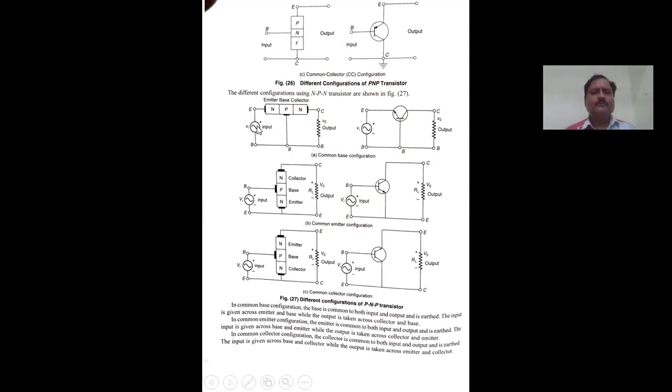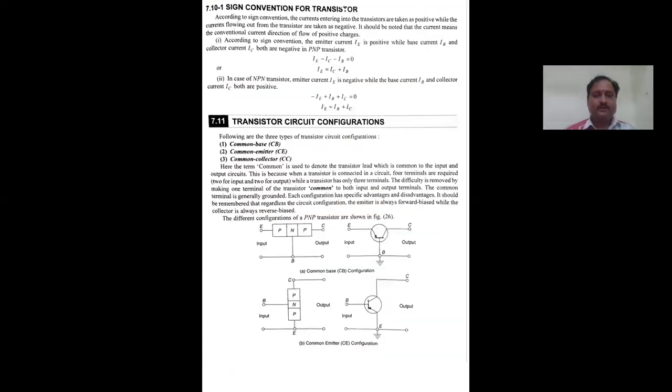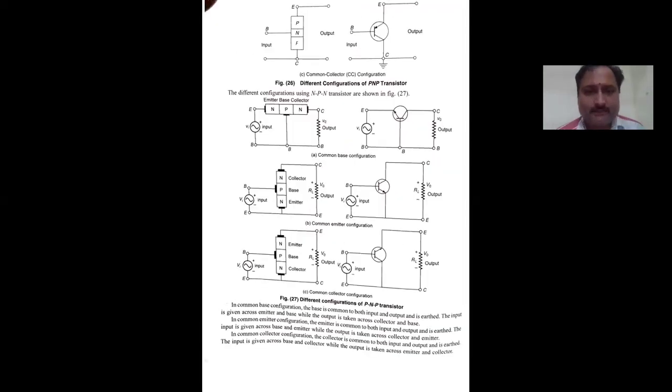This is also a type of source. We are giving the input through a battery as well as a signal generator. That's why one input is shown through the PN junction in the PNP transistor, and one type of connection in the NPN transistor.